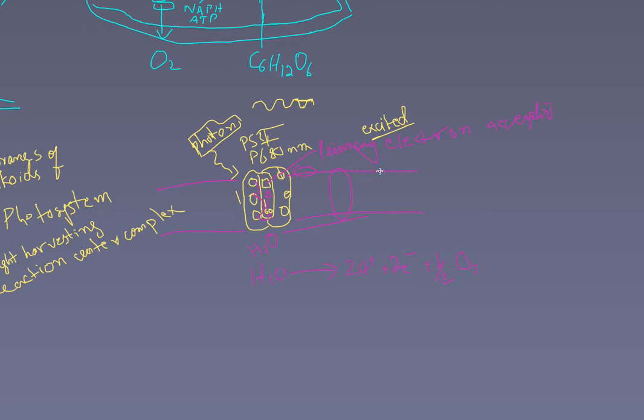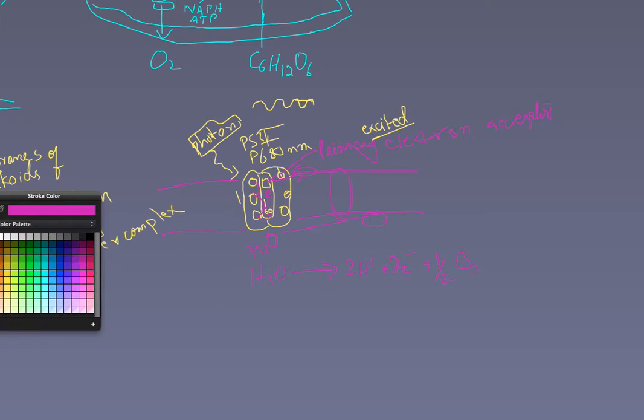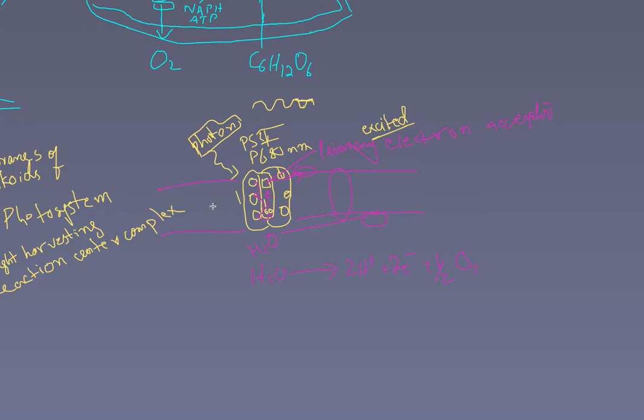Just for review, this electron moves from one complex to another, releasing some of its energy as it goes to the next complex. That gives these complexes enough energy to pump hydrogen ions. We also get hydrogen from here, and there are also some hydrogen ions in the membrane.